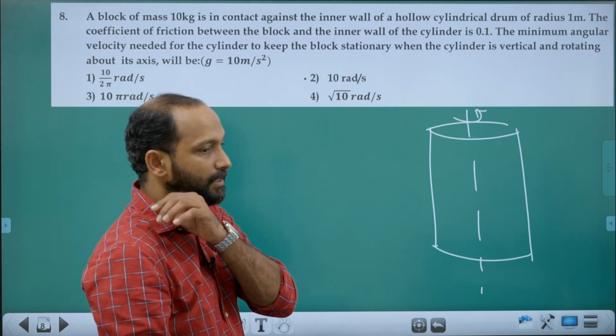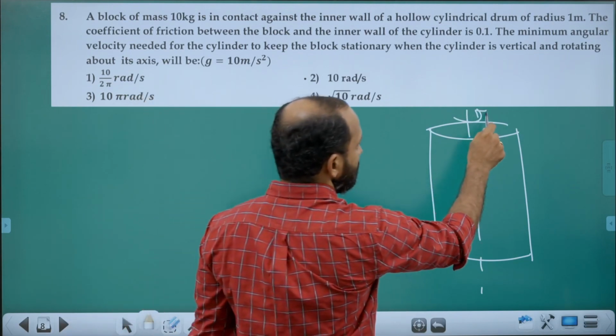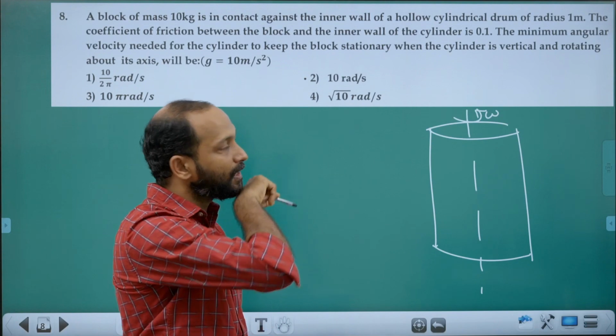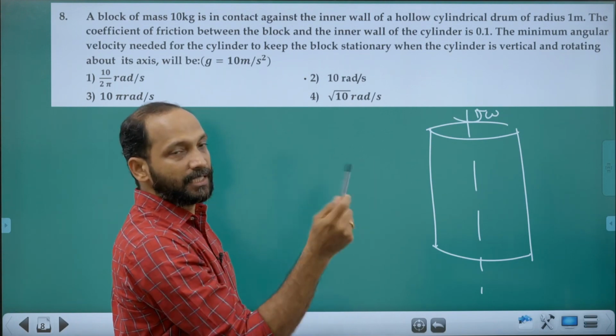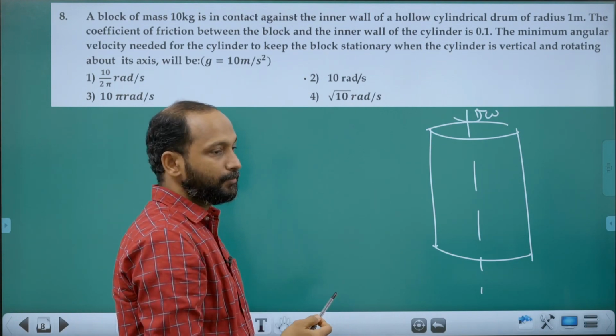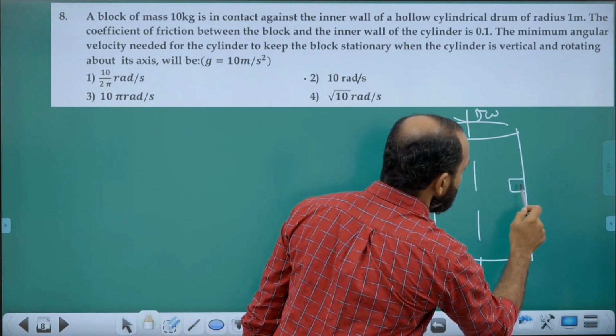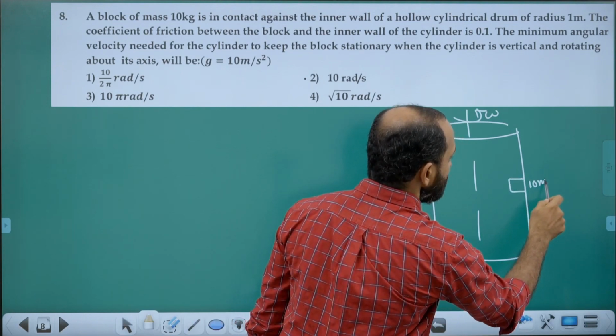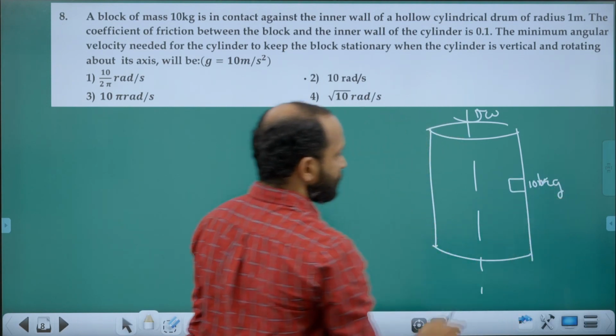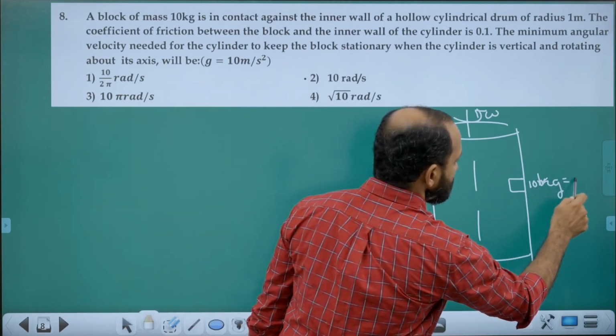We have to find out the minimum angular velocity. Let omega be the minimum angular velocity with which the cylinder is rotating so that a block of mass 10 kilogram is held stationary. Let that be the mass m.